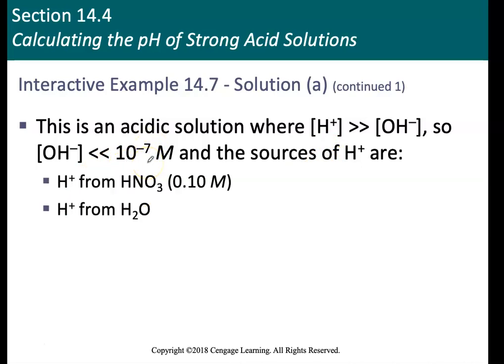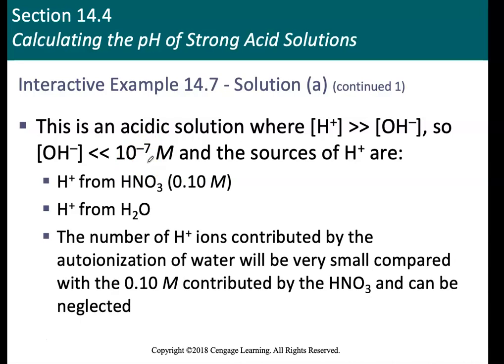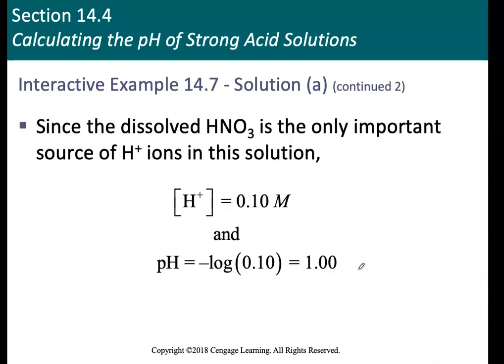So let's look at the calculation here. H+ from HNO3 will be 0.1 molar. H+ from H2O, we know that can be calculated. From H2O, we know approximately that's about 10 to the -7. That's very small compared to the 0.1.